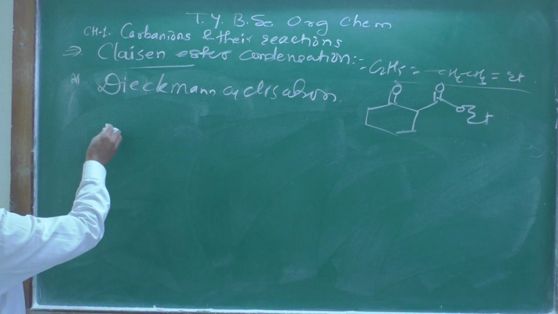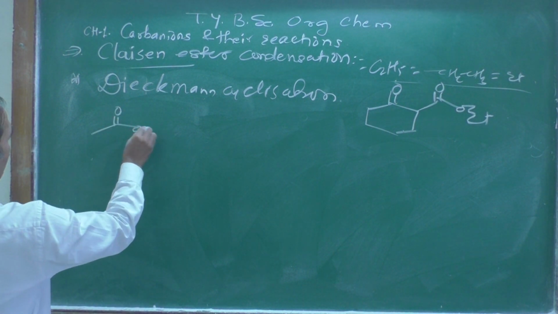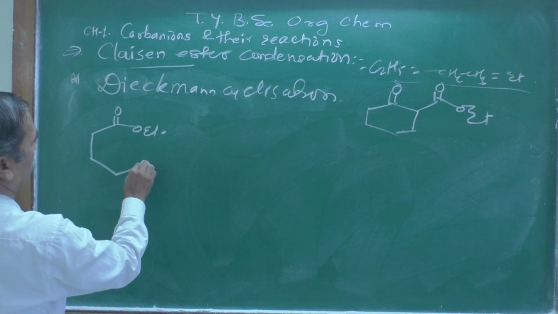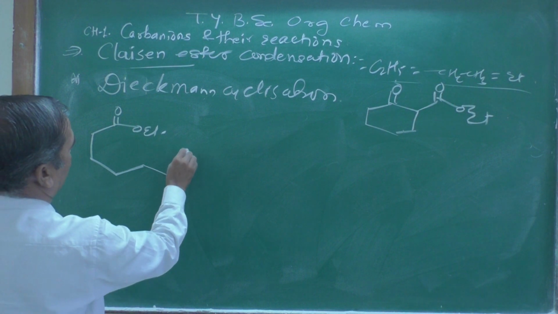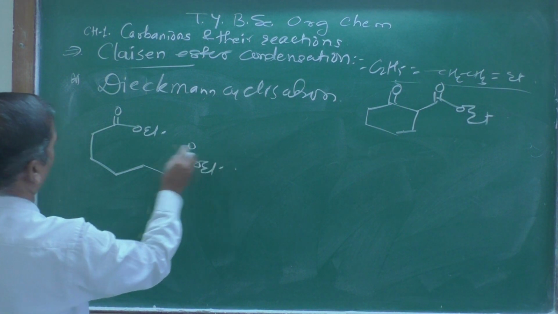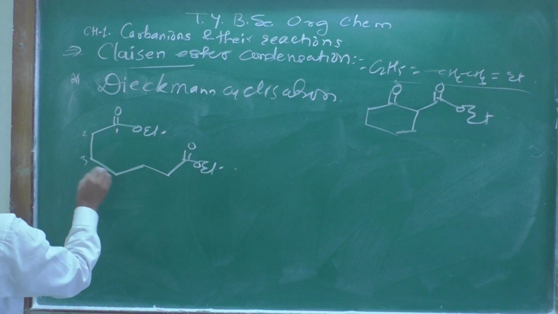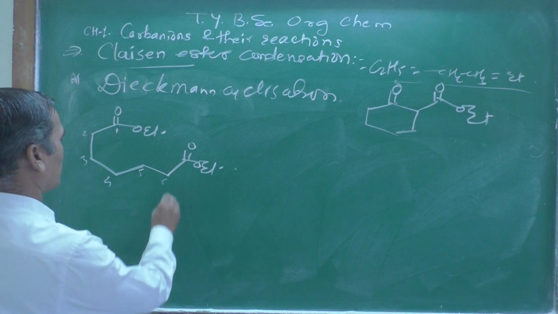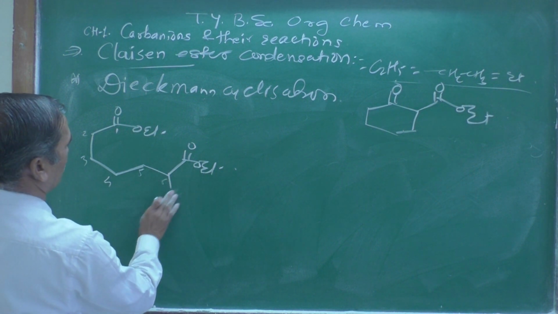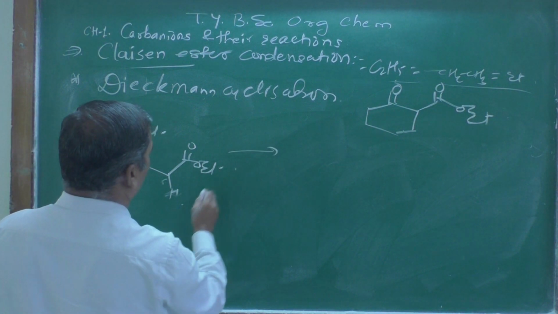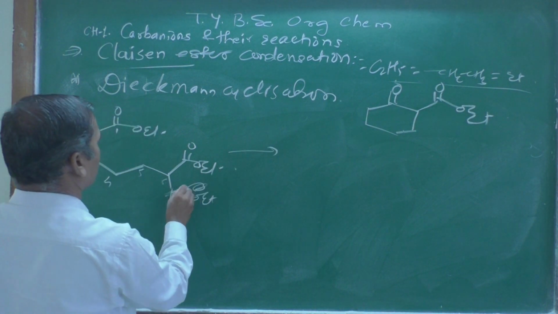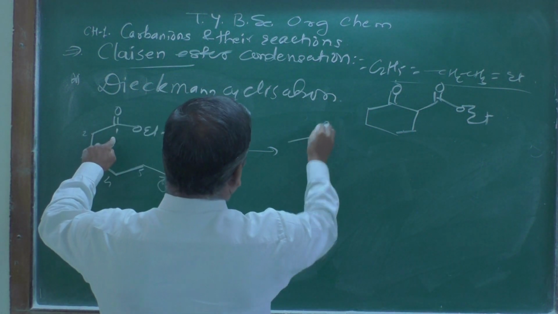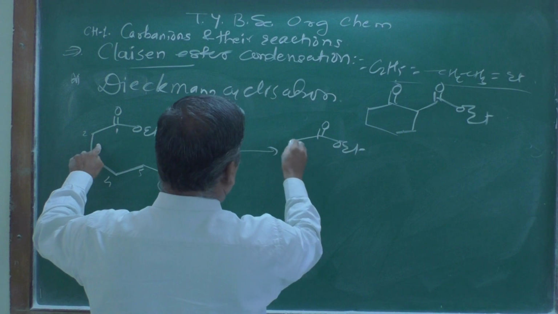Now suppose I have this type of compound, C=O, OEt, then 1, 2, 3, then maybe 4, 5, C=O, OEt. Now let's see, 1, 2, 3, 4, 5 and 6, the carbon atoms I am choosing over there, and here is a hydrogen atom I am taking, and OEt minus will abstract the proton and form the carbanion over there.